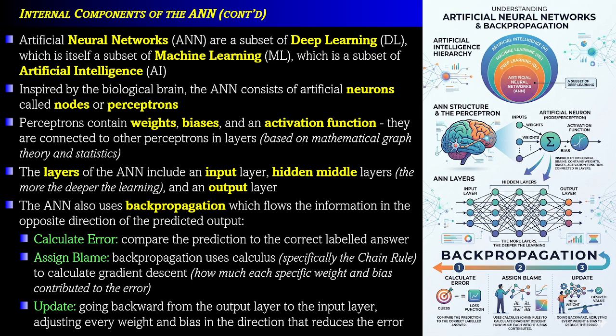The backpropagation uses calculus, specifically within calculus, the chain rule, to calculate gradient descent, how much each specific weight and bias contributed to the error. And it will update by going backward from the output layer backwards to the input layer, making subtle adjustments to each weight and each bias in the direction that will reduce the error.